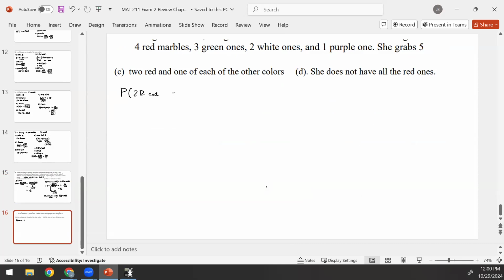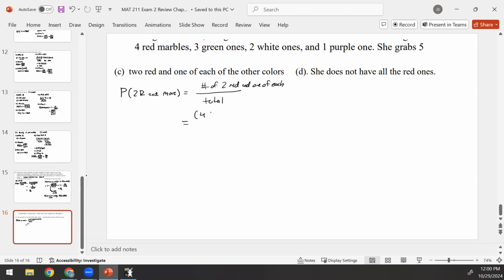So this one's going to be a little bit more interesting. So that's going to be equal to, we're going to do the total. And then the number of 2 red and 1 of each. So I need 2 red marbles.